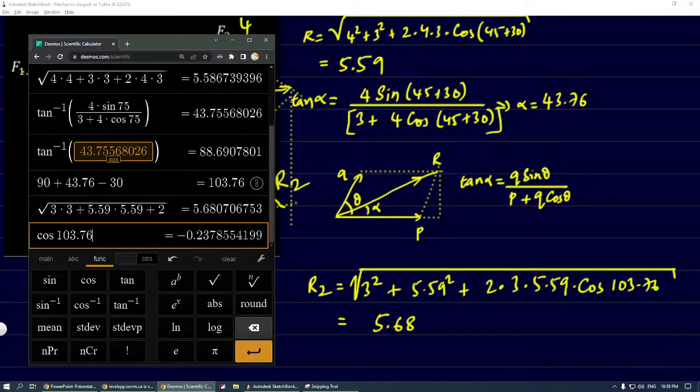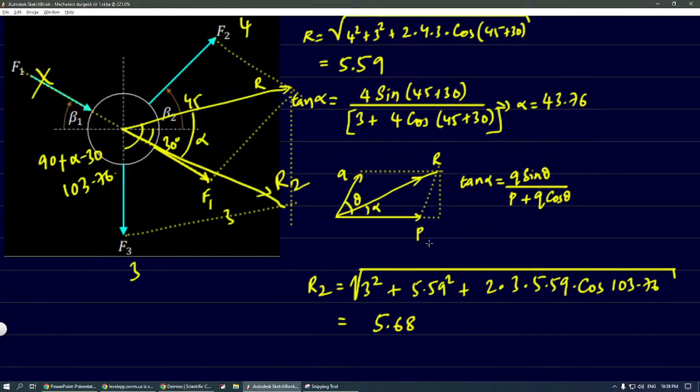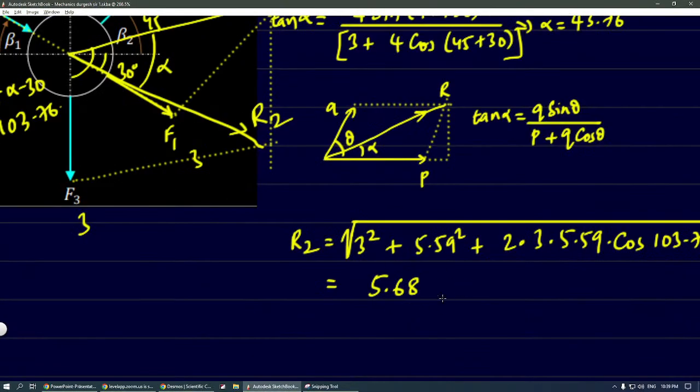This is negative now. Okay, so 5.68 is the magnitude.